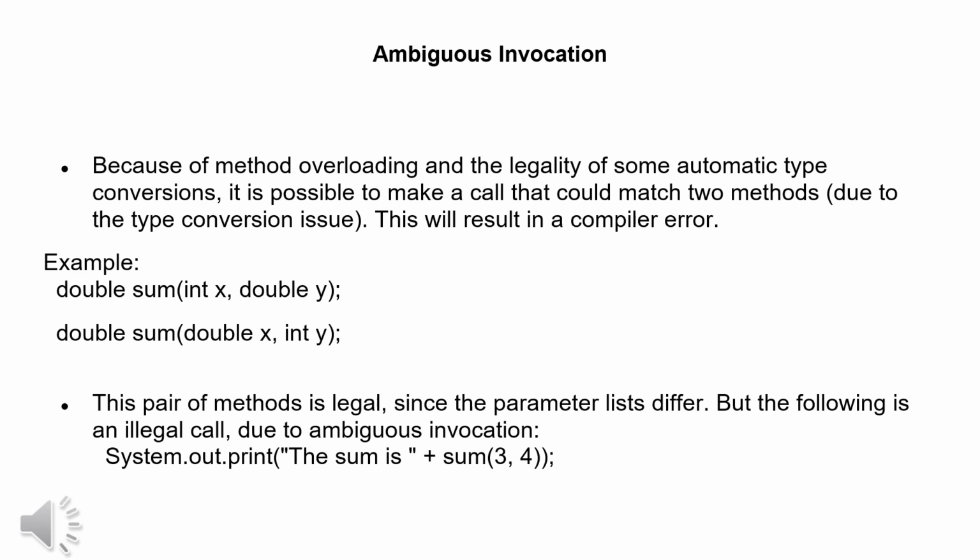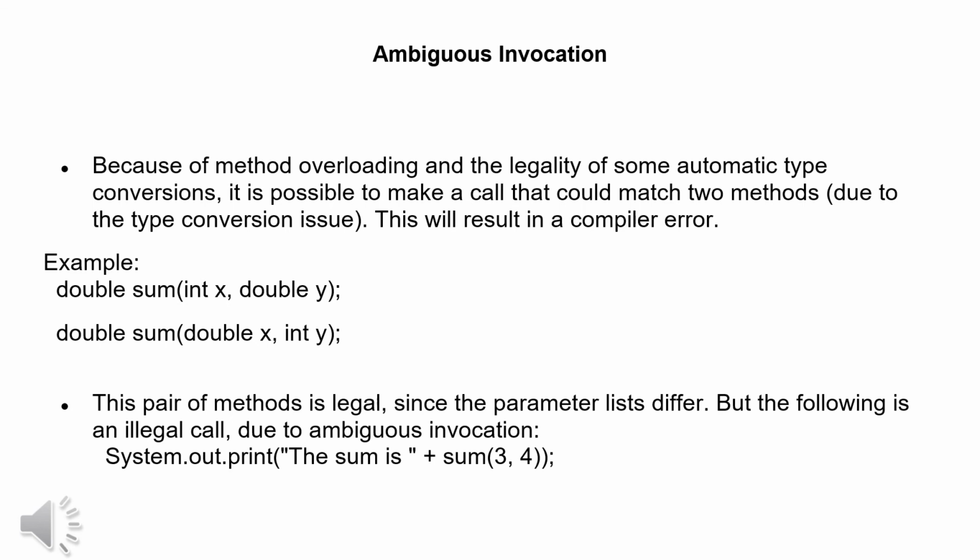For example, if we have two methods like double sum integer x, double y, and double sum double x and integer y, as you see, both of these methods have the same name, sum, and the parameter lists are the same except the order of the parameters is different. So if I call the method in a way that is ambiguous for the compiler, then the compiler cannot recognize which method should be invoked and it causes an error.